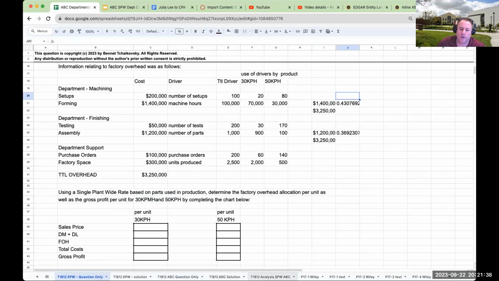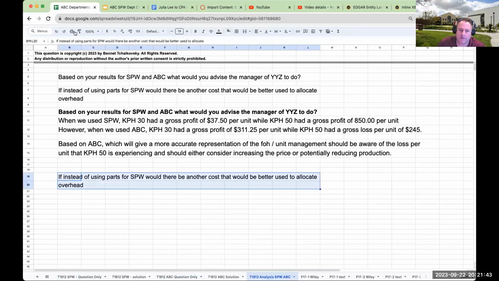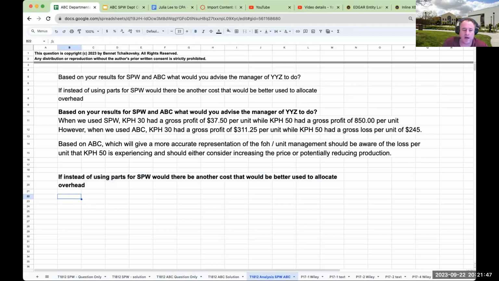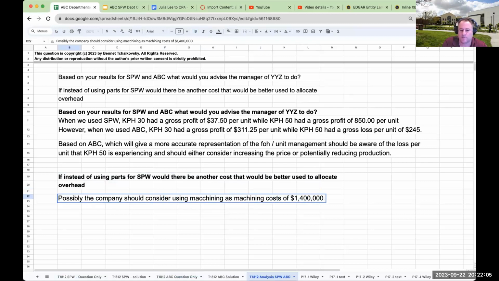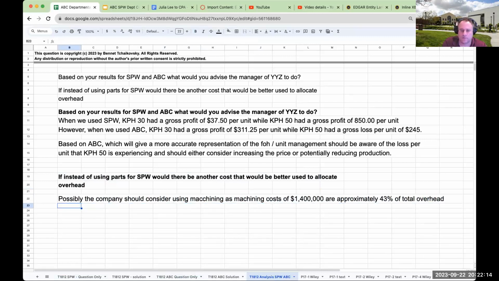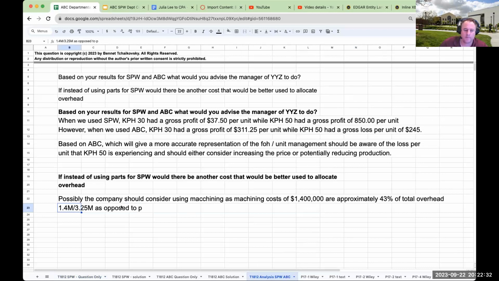By the way, when you're answering this question, if you're in my class, what you may want to say is this: possibly the company should consider using machining, as the machining costs of 1.4 million are approximately 43% of total overhead, which is 1.4 million divided by 3.25 million, as opposed to the parts, as opposed to, I think it's the assembly, which is approximately 36%.